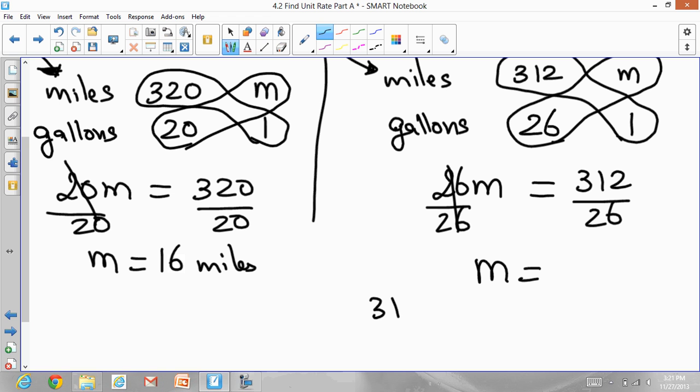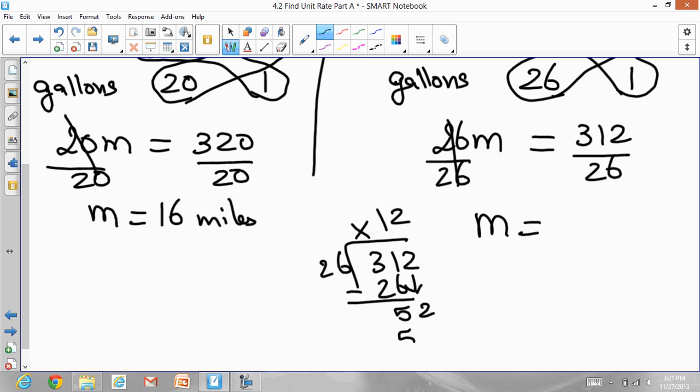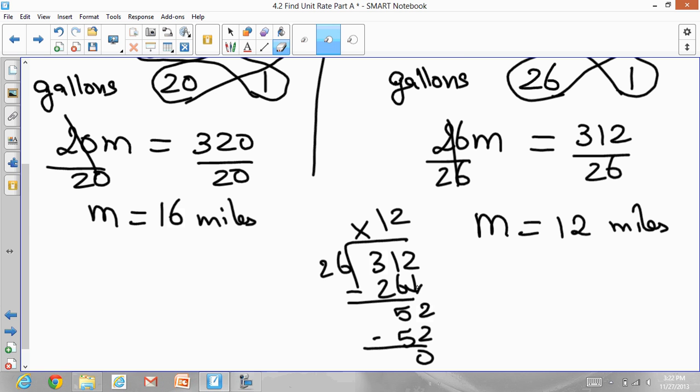Now 312 divided by 26 cannot go in the 3. 1 times 26 is 26, subtract, you get 52. 26 goes into 52 twice. So that means his truck can give you 12 miles per gallon.